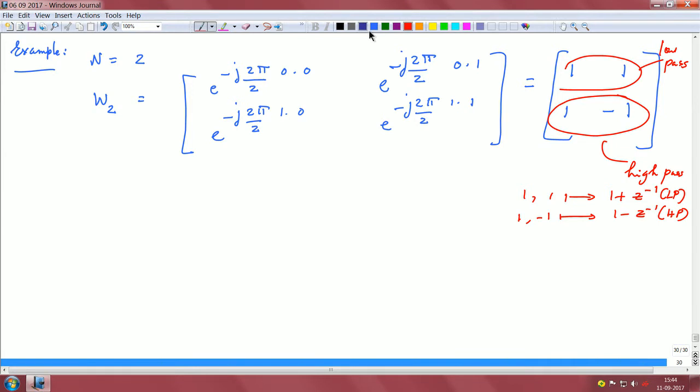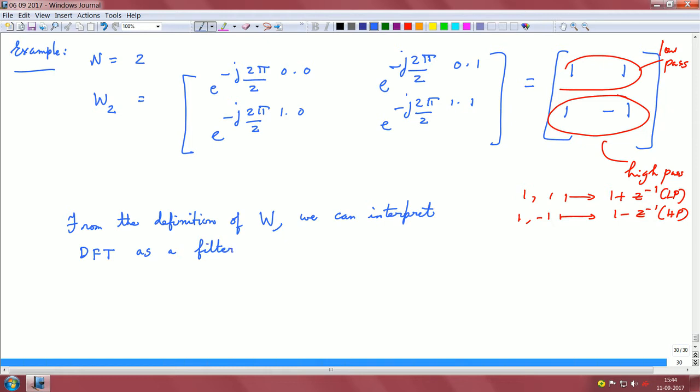Now, this simple example here gives us an indication that from the definition of this matrix W, we can interpret DFT as a filter bank.